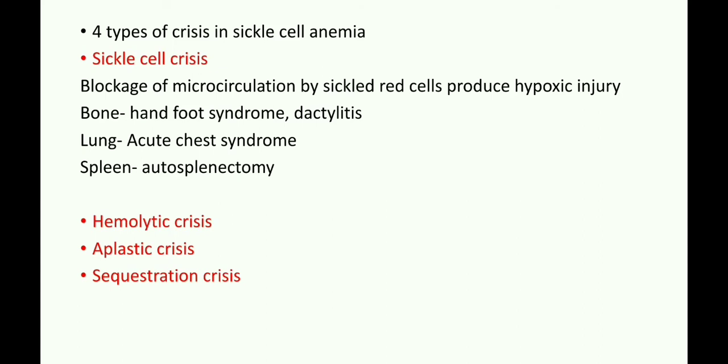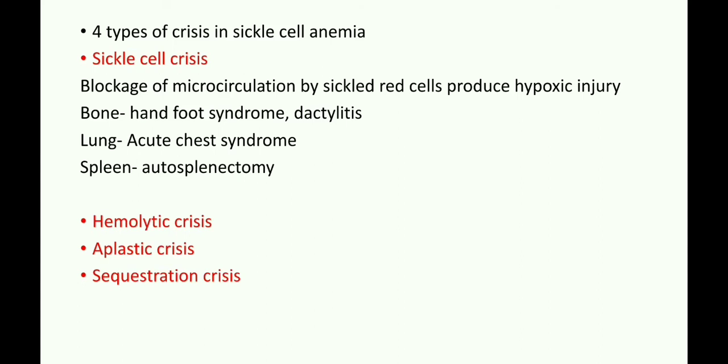So the microcirculation is blocked by the sickled red cells, thereby causing hypoxic injury to the tissues, and that's why it is called an infarctive crisis. Some examples are given here. In the bone, they can cause inflammation like dactylitis and hand-foot syndrome.